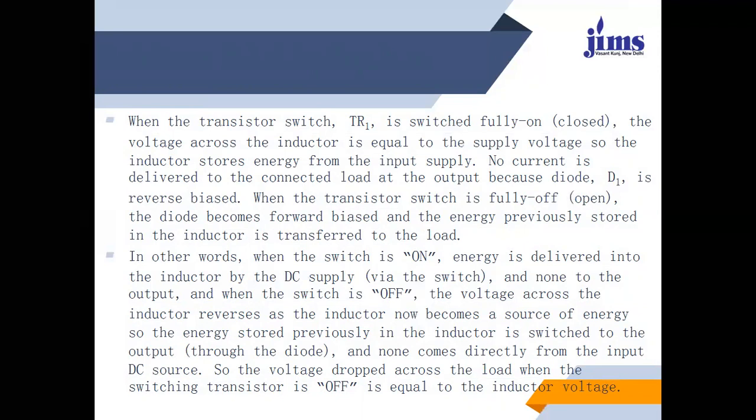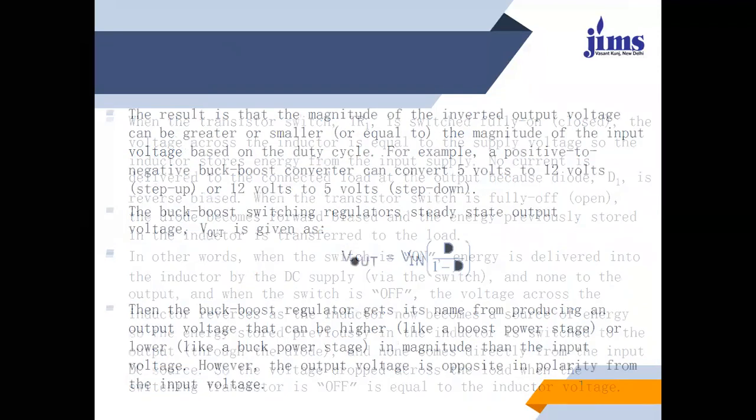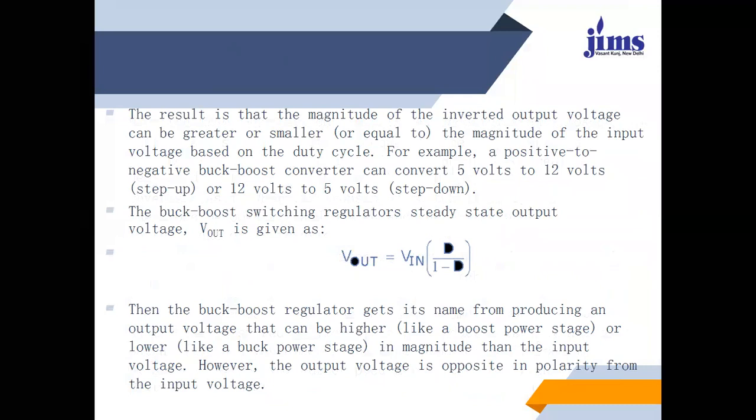So the voltage across the load when the switching transistor is off is equal to the inductor voltage. The result is that the magnitude of the inverted output voltage can be greater, smaller or equal to the magnitude of the input voltage based on the duty cycle.